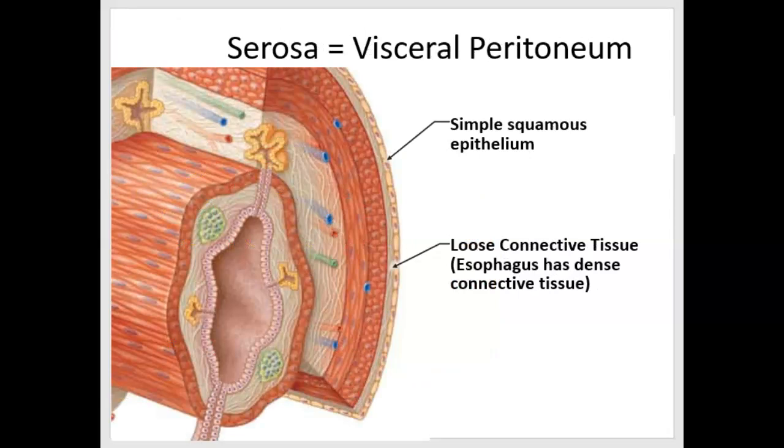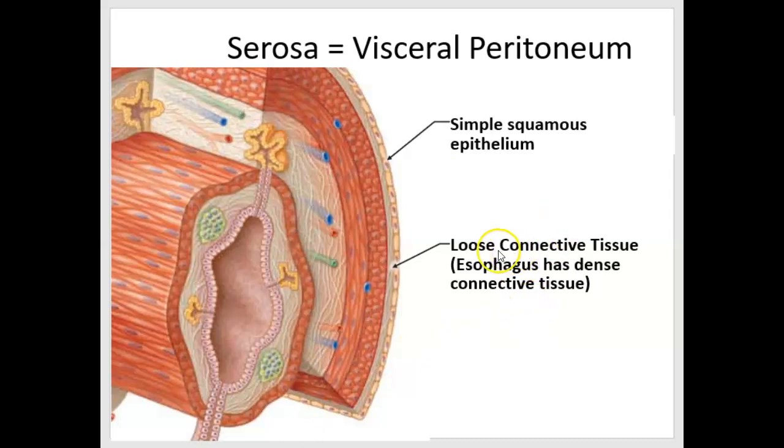The outermost layer, as mentioned, is called the serosa. It's equivalent to the visceral peritoneum, and it has two layers. The outermost layer is epithelium, and then between that epithelium and Muscularis Externa is loose connective tissue.